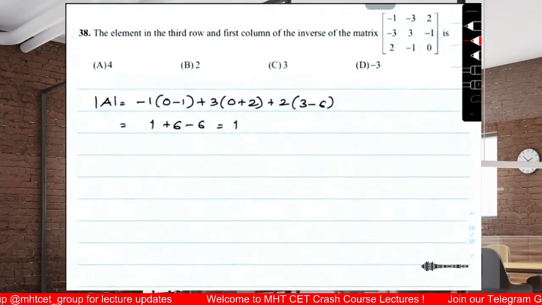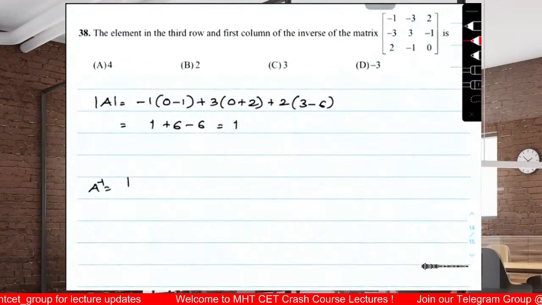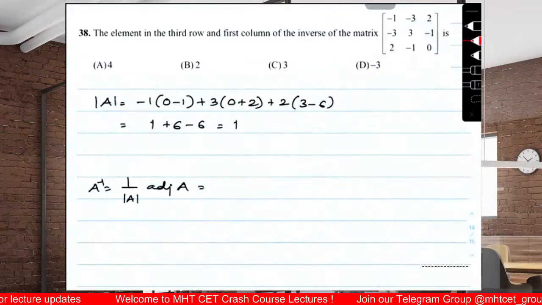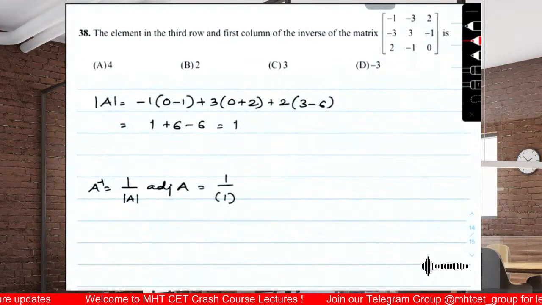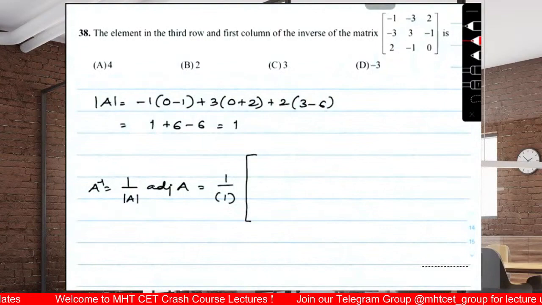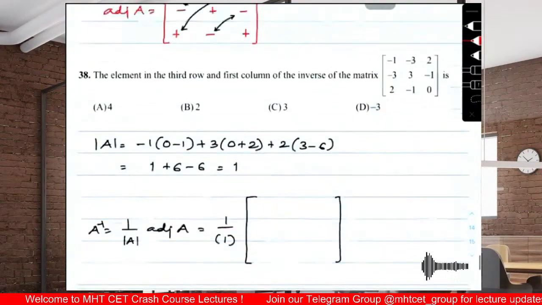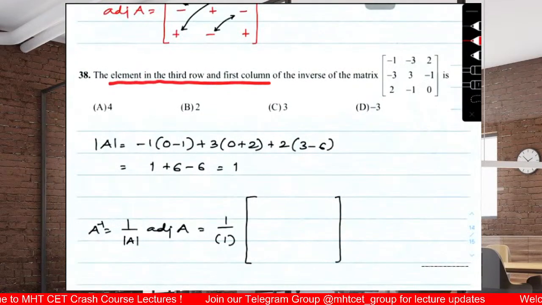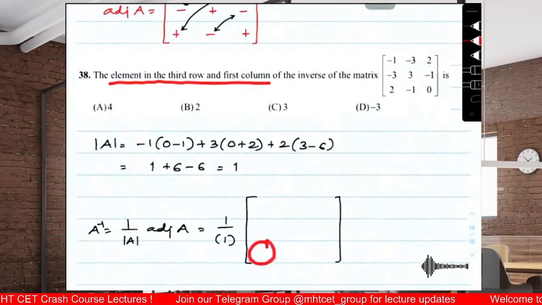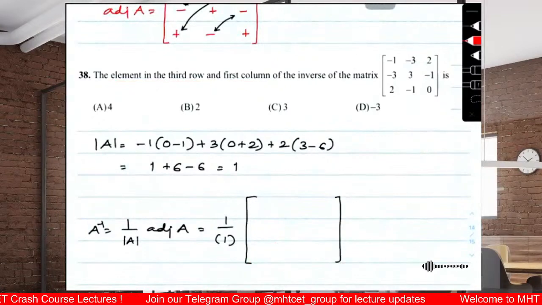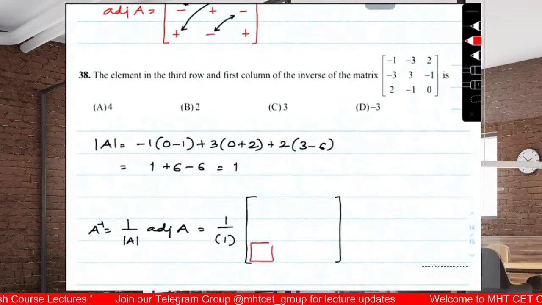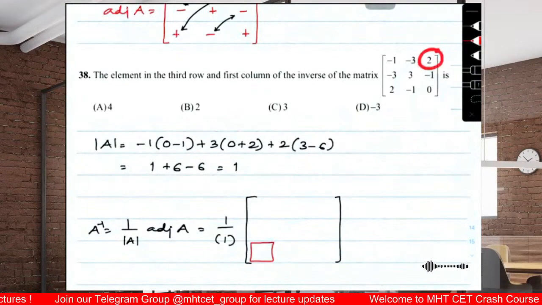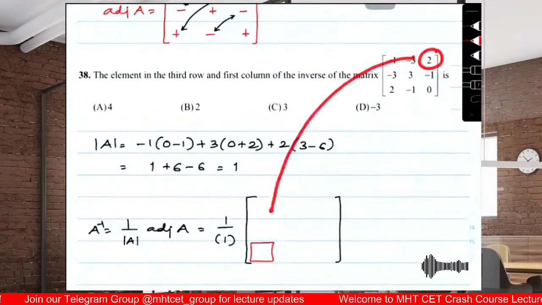Now we will use a shortcut. A inverse is 1 upon determinant of A into adjoint of A. Determinant of A is 1. Now adjoint of A, what do we need? The element in third row and first column. So this is required. I am boxing it. For that you will have to find the minor of this element and without changing its sign you will write it here.